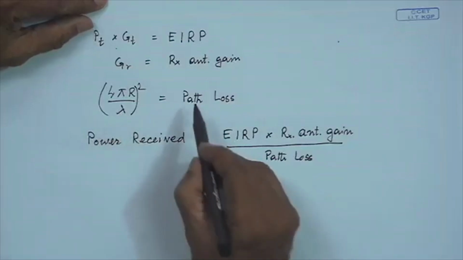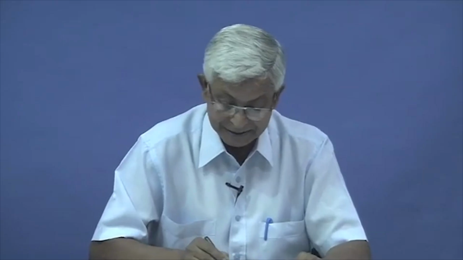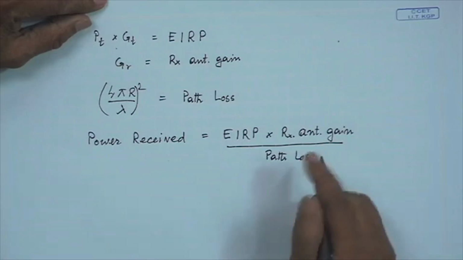As we go from C band to Ku band to Ka band, the frequency is increasing and the lambda value reduces. Therefore, the path loss at C band is much less compared to Ku band, which is also less compared to Ka band. So, as we go up to a higher band, the loss is more. Remember this, that we are going to face a problem when we go for a higher band of operation, as our loss will be more.